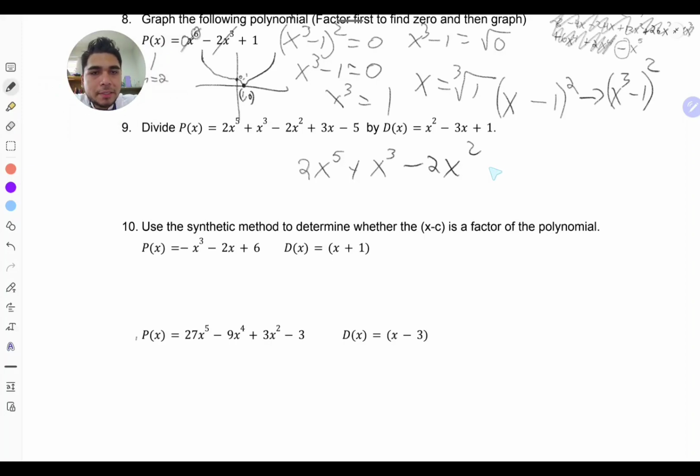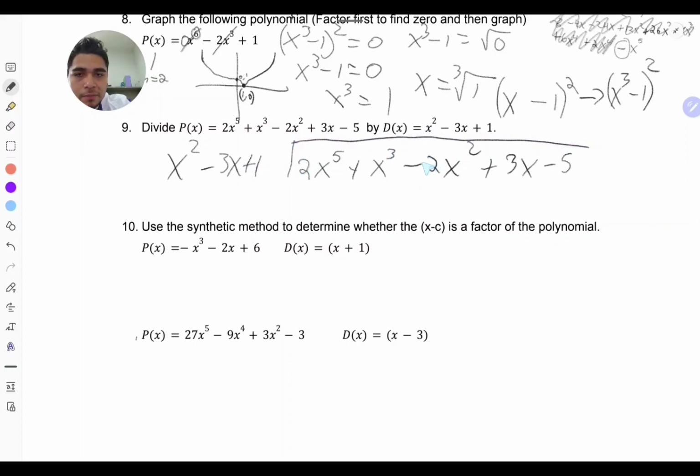Okay, 2x squared plus 3x minus 5 divided by x squared minus 3x plus 1. Okay, so we have our equation set up, right? We want to divide this function. Let me see if I did this correctly. So yeah, 2x to the 5th, x cubed, minus 2x squared, 3x, 5, yep. And then x squared minus 3x, 1.